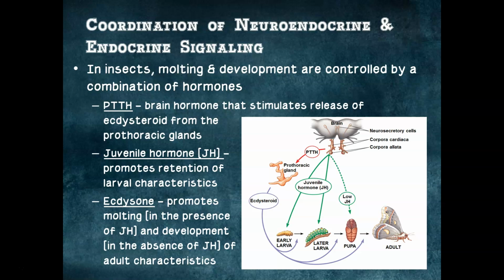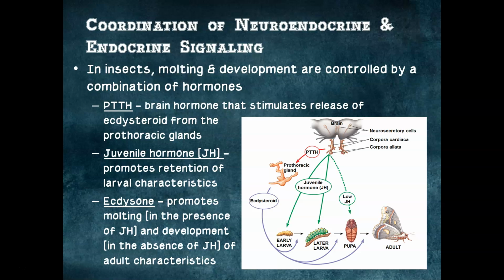So, this is just one example that your textbook goes through, and a couple of hormones that end up working in conjunction here. The PTTH is a brain hormone that actually stimulates the release from one of their glands, these ecdysteroids, more specifically from their prothoracic gland.